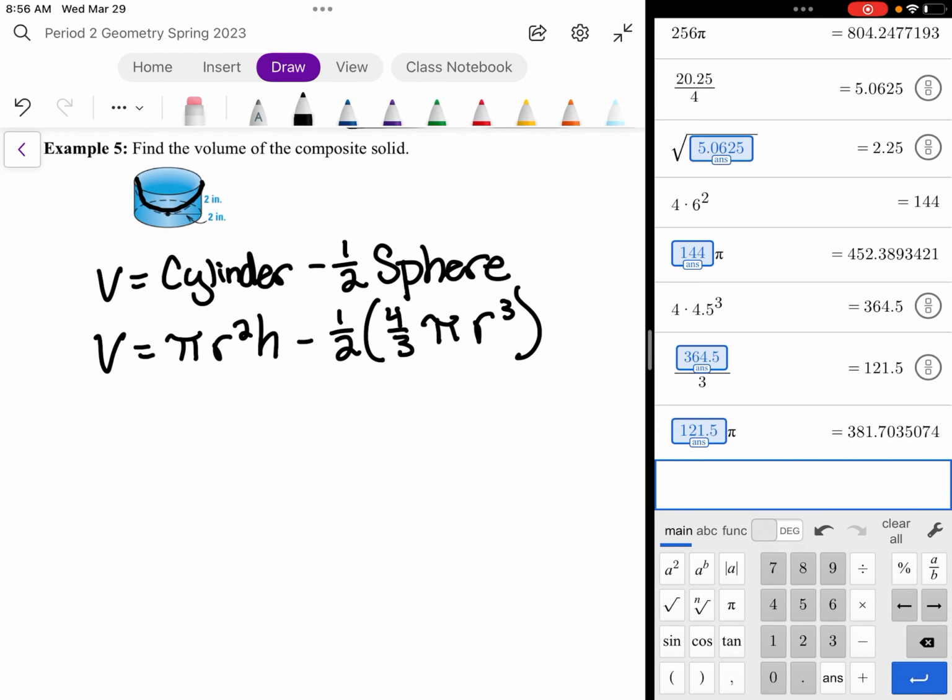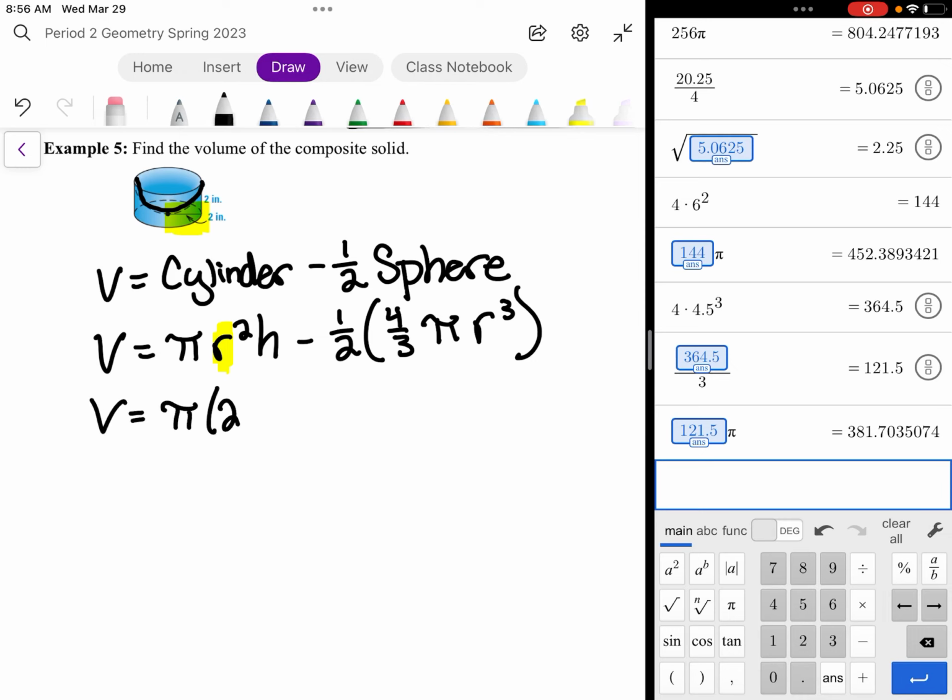Okay, so if we start with the volume of the cylinder, we need to know the radius of the cylinder, which they give us on the bottom, is 2 inches. So we can plug that in. The height is also 2 inches.